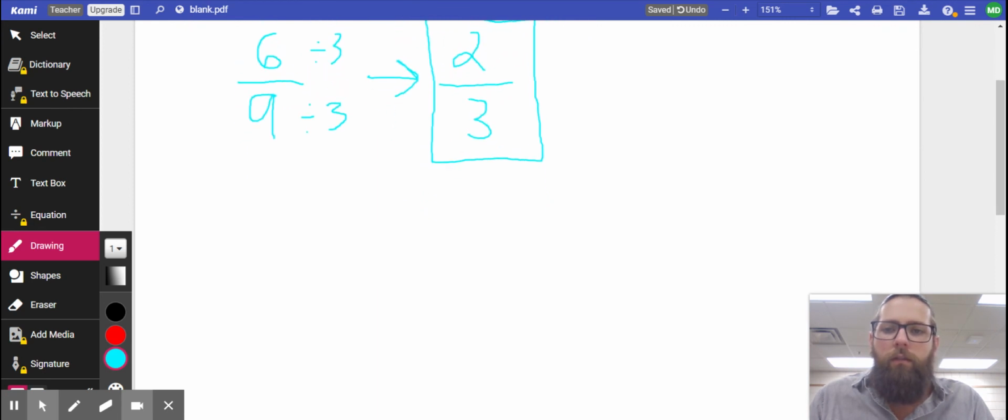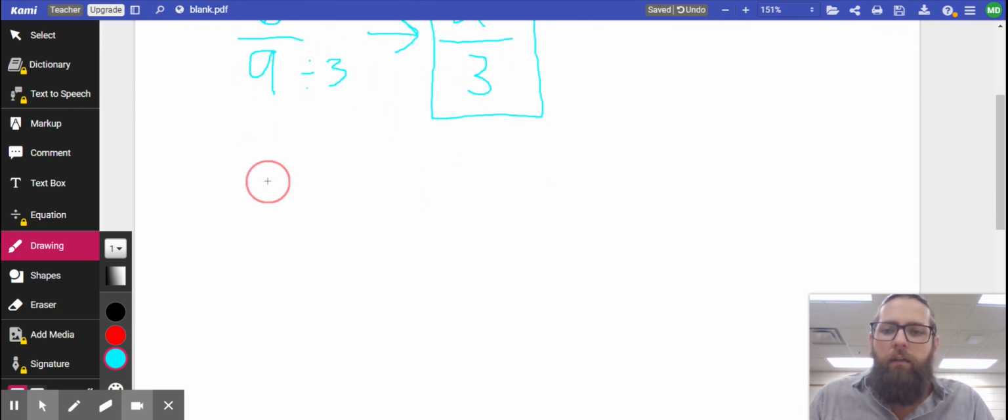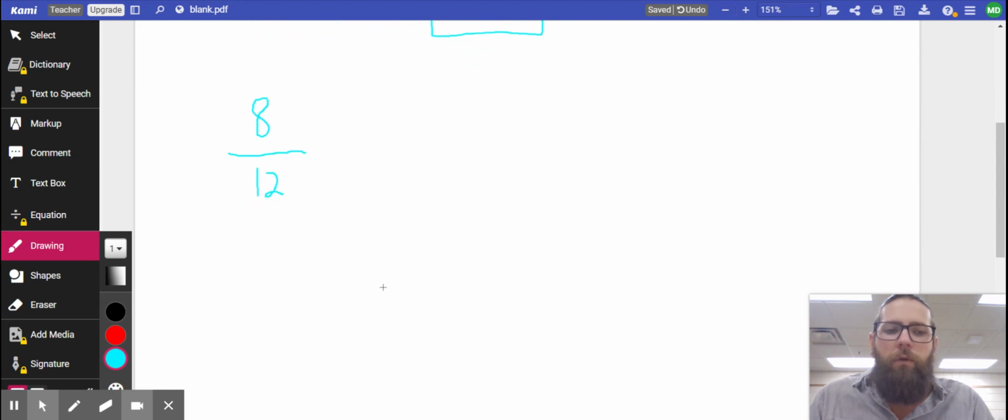Let's try one more that's a little awkward to simplify. Let's try 8 over 12. So you get 8 over 12 as an answer. What number could you divide both of these by? Well, I could divide them both by 2.